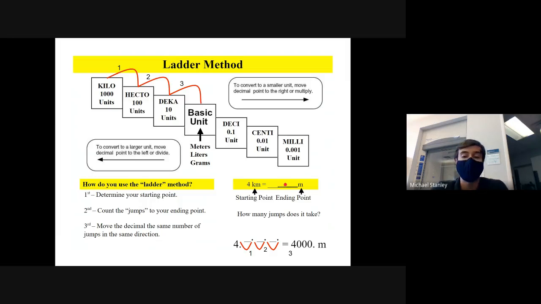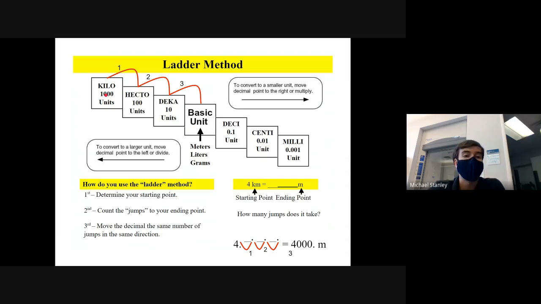How many meters are in 4 kilometers? So my starting point, the one that I'm starting off with, is kilometers. And kilometers are way over here on our ladder. And my ending point is meters. And meters is a basic unit right here.